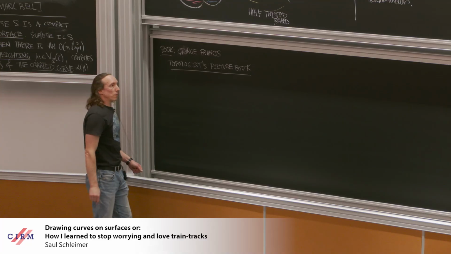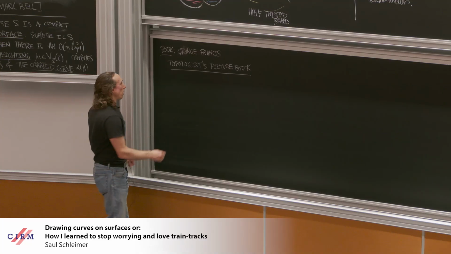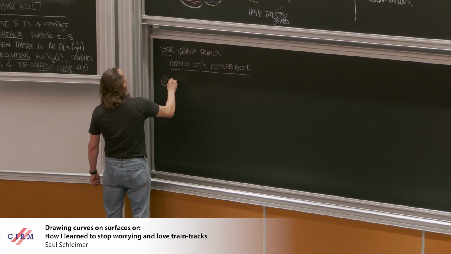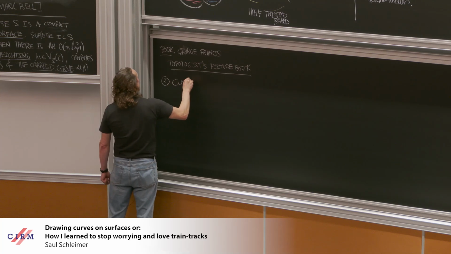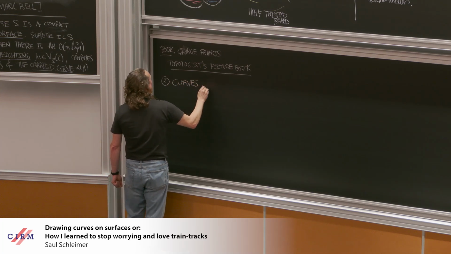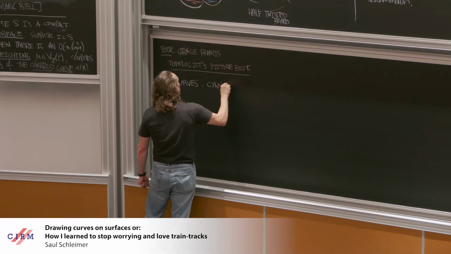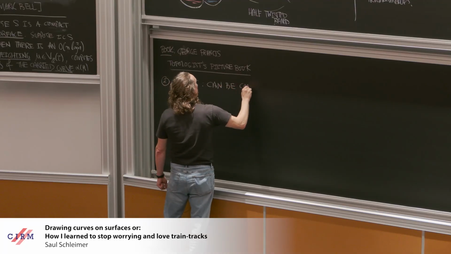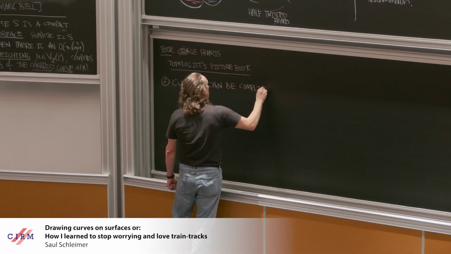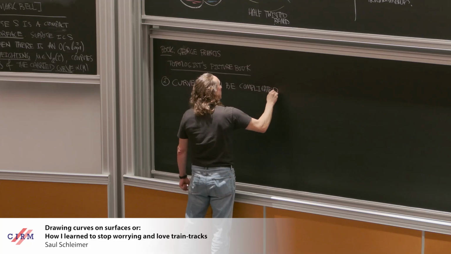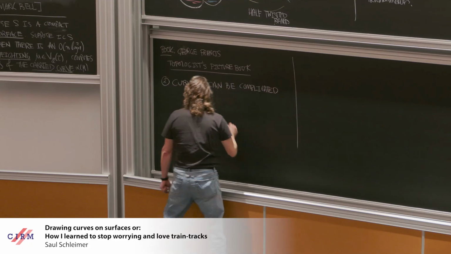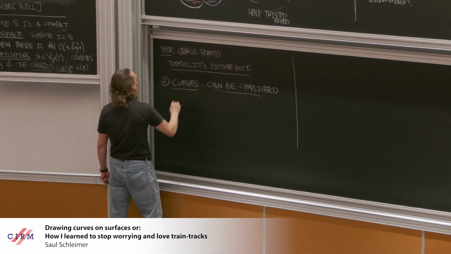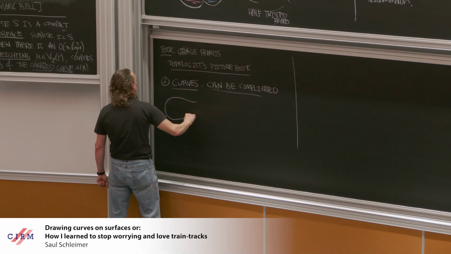Okay, so now I think that deals with surfaces. So let me think about the next part, curves. They can be complicated. And so now I will recopy. So here's the handle again.